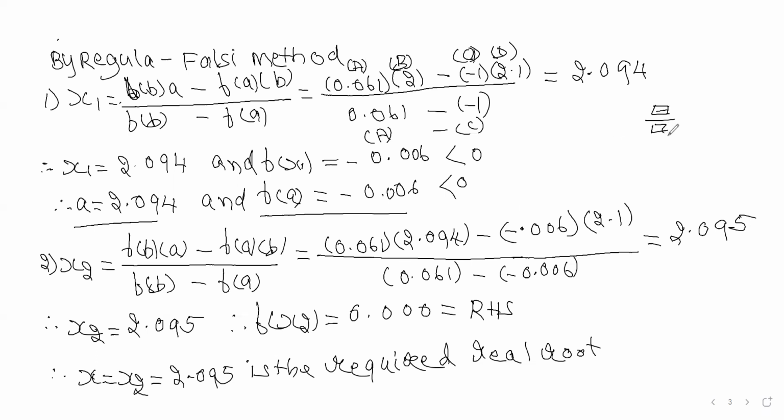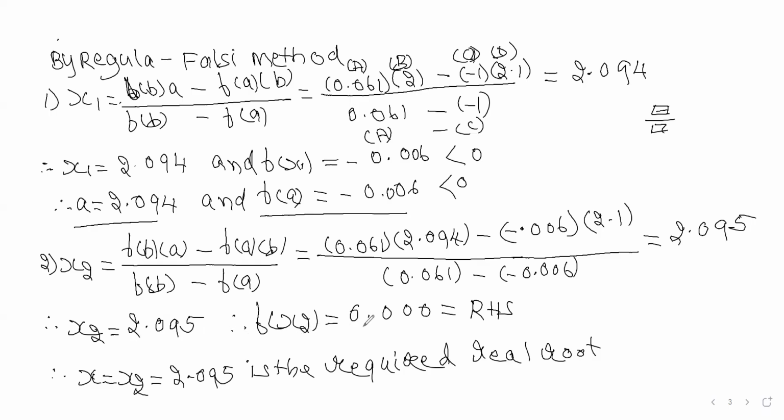You go back in the calculator and bring the expression AB minus CD divided by A minus C, and press the calculate button. You enter the value of A, B, C, D, and you get 2.095. So x2 is 2.095.